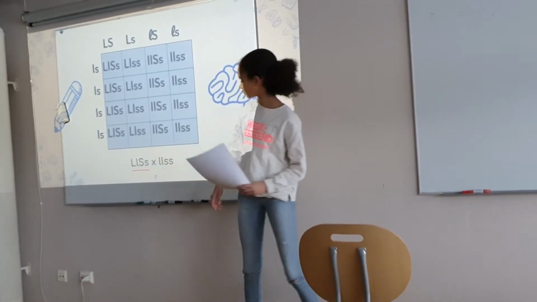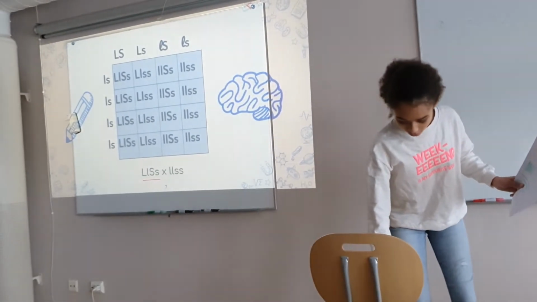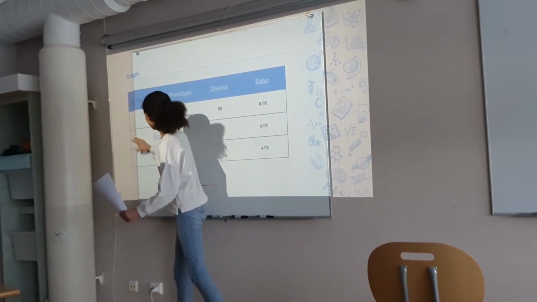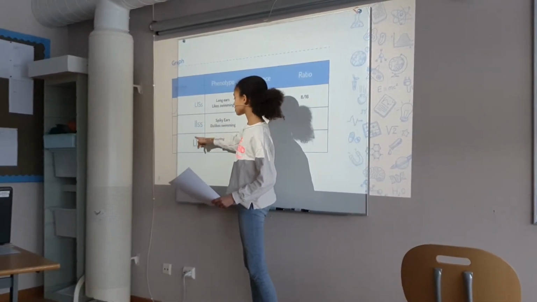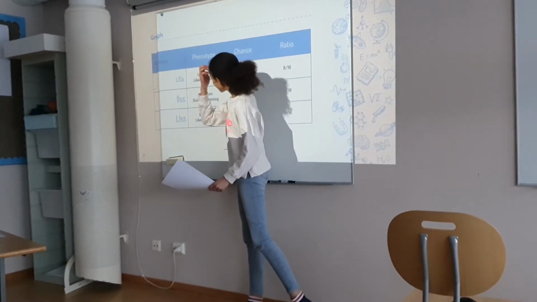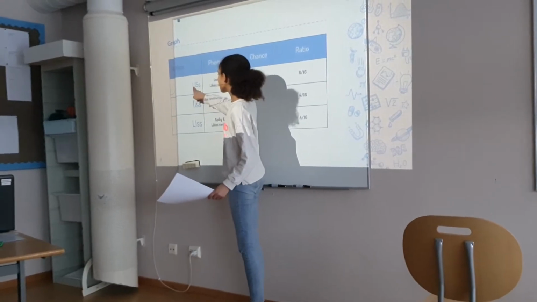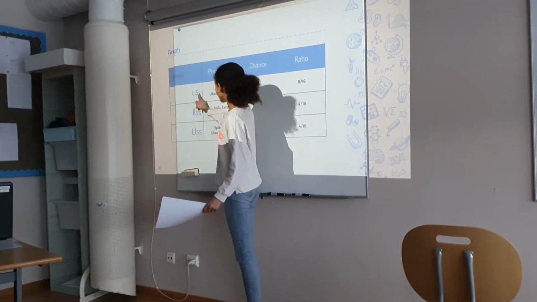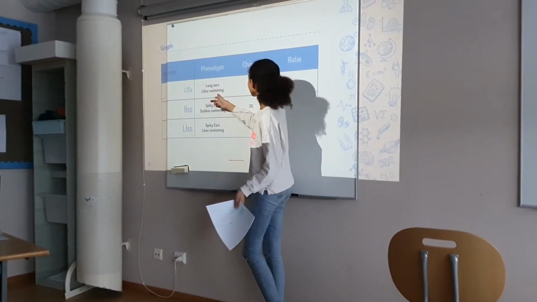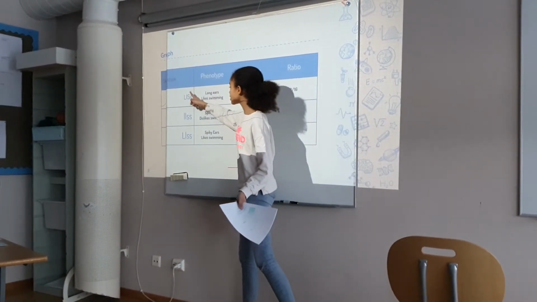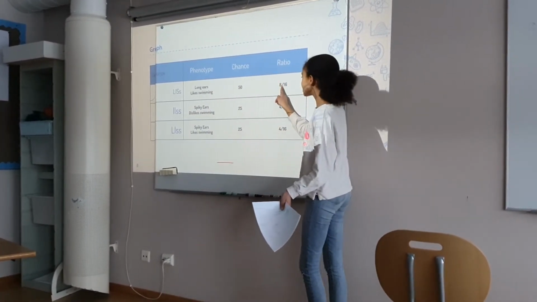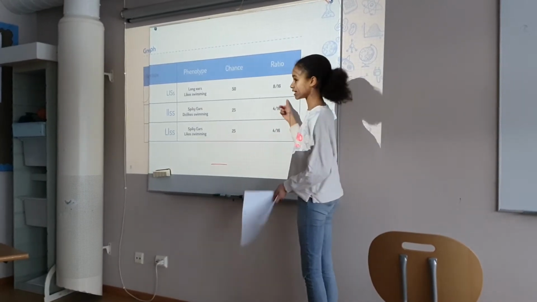Yes. Okay. Wow, nicely done. Okay, phenotypes and genotypes. These are the three types that came out from that graph. The first is the same as one of the parents, which is capital L, small l, capital S, small s. The phenotype is long ears and likes swimming. The chance of getting this one is 50%, and the ratio is 8 squares in the Punnett square out of 16 squares.